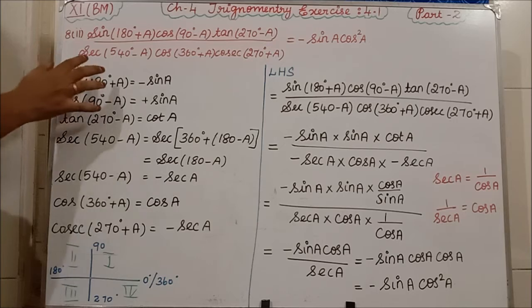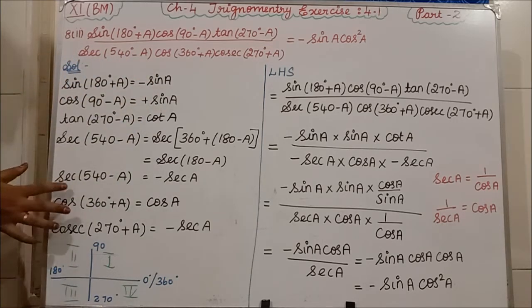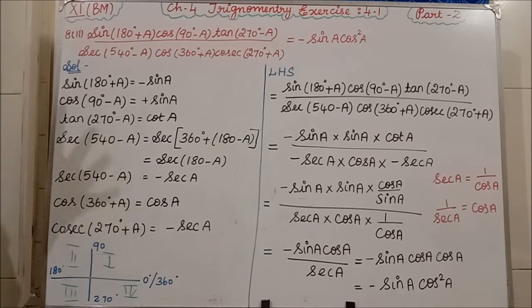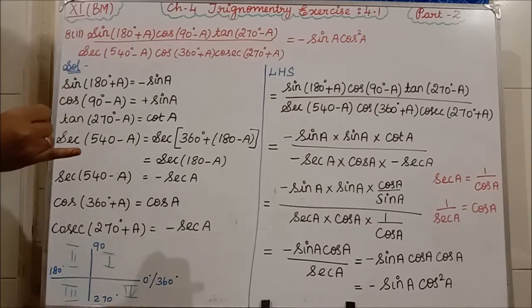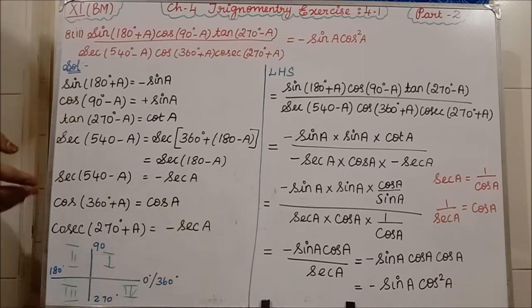Here the next one, in the denominator, we have secant 540 degree minus A. I told you only 4 degrees you have to take: 90 degree, 180 degree, 270 degree and 360 degree. In these degrees only you have to take.